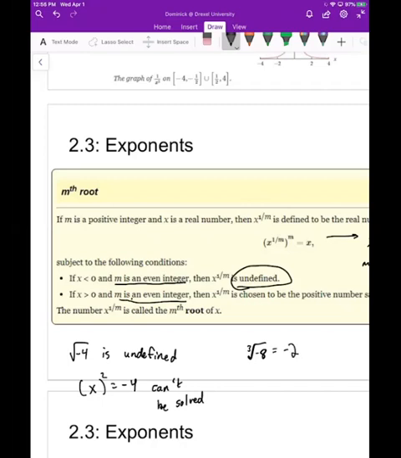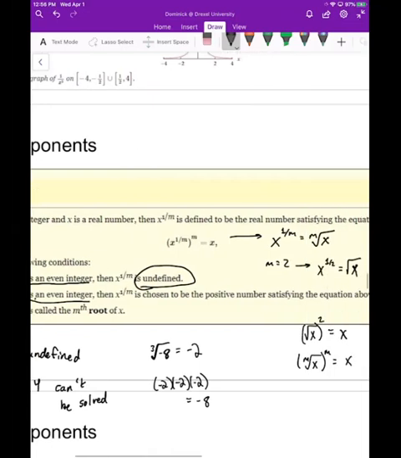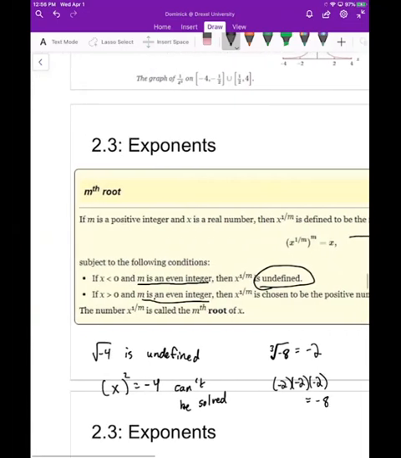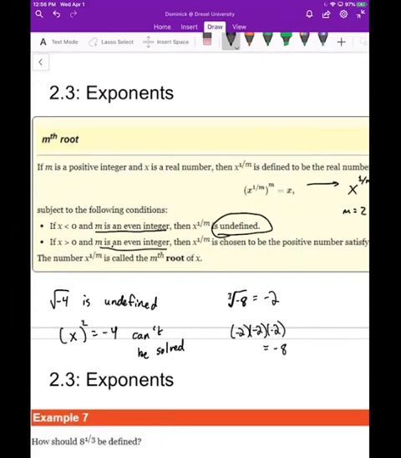This is just negative 2, right? Because negative 2 times negative 2 times negative 2 is negative 8. So if you have an odd root, that's totally fine. If your number inside is positive and you have an odd root, then it's the positive version of the number. But in the odd root case where you have a negative number, then your solution is just the negative number.